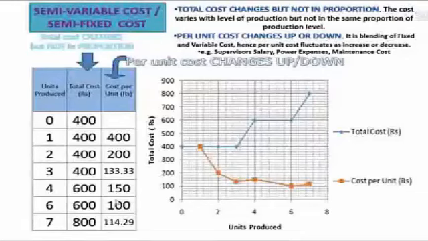So, for some time, it remains constant, and then suddenly it increases when the production level is slightly more and it is not within the control of one supervisor. We have to employ now a second supervisor. Here, suddenly the total cost will increase. Now, this is where the cost behaves as a fixed cost, as a pure variable cost, or a blending of variable and fixed cost.